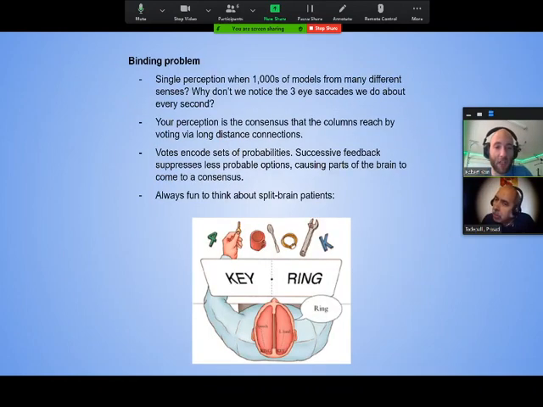And this last slide, which I didn't have time to go into, is that these disparate models are ensembled by long-range connections in the brain. And that voting, successive voting and feedback, just encodes sets of probabilities of predictions. And through this feedback, they can suppress and come to agreement about what's actually being perceived across all these different models.